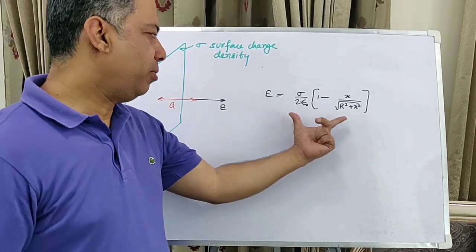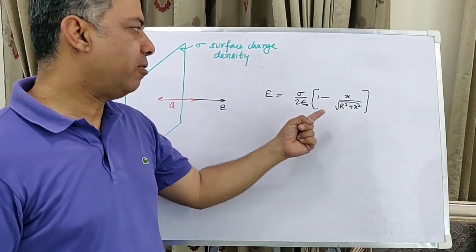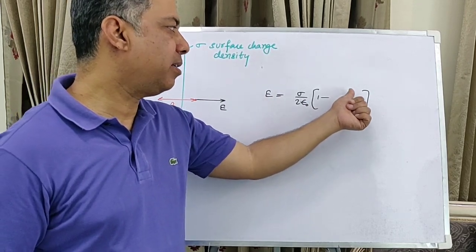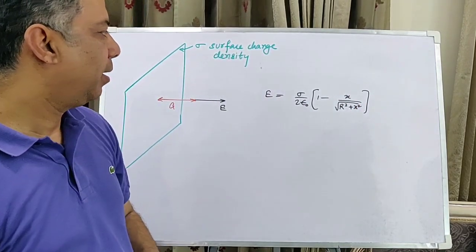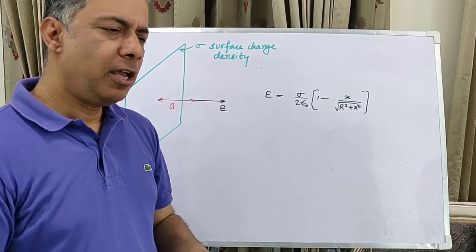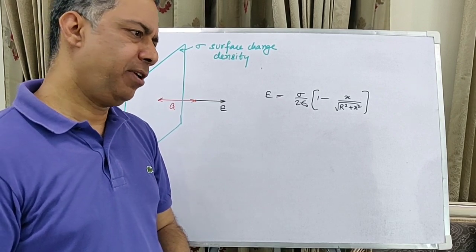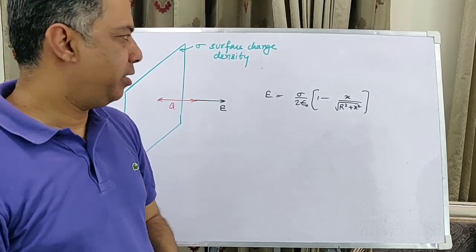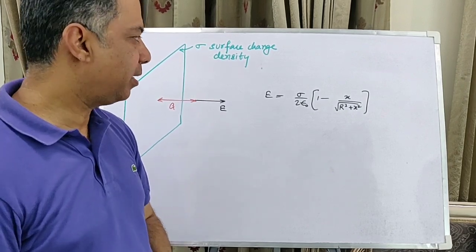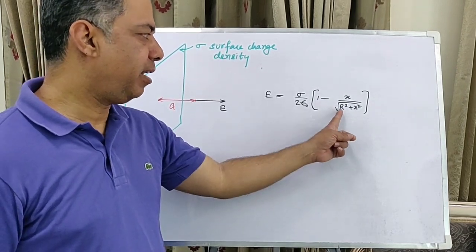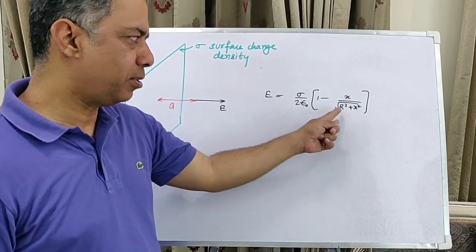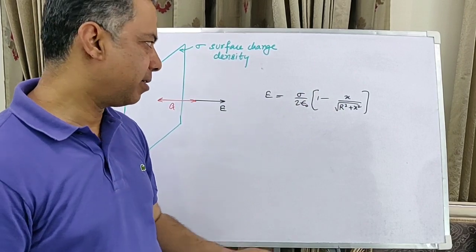We already know this formula for the electric field of a circular disk of radius r at a distance x from it, where sigma was of course the surface charge density. Now if we imagine or visualize a disk of infinite radius, and if the radius is infinite, this term becomes 0 because the denominator is infinite.